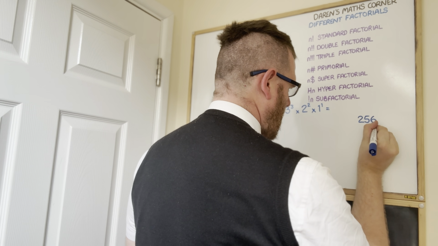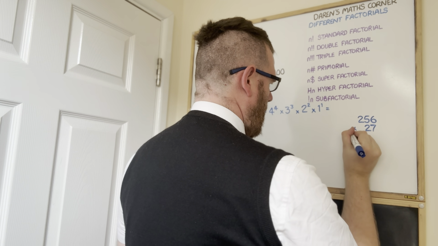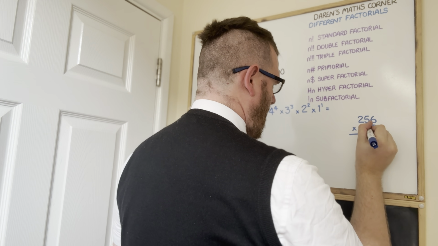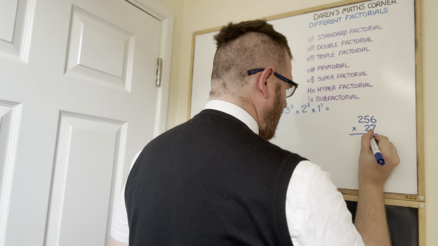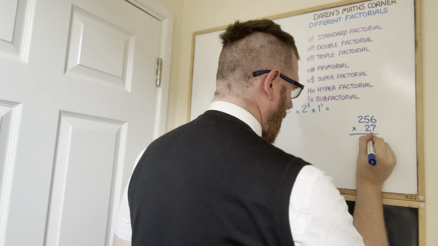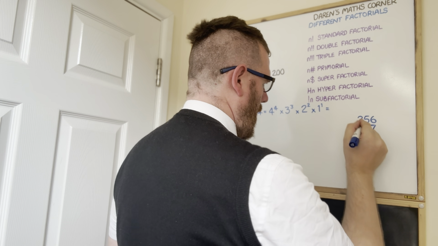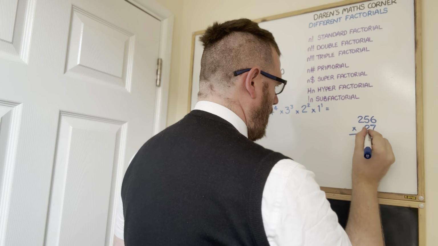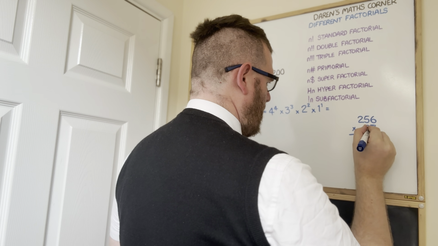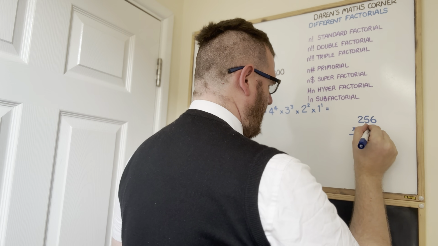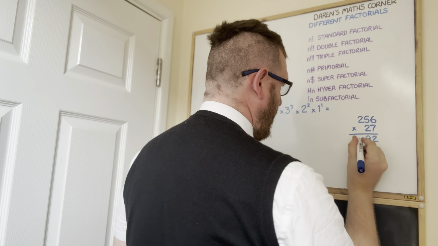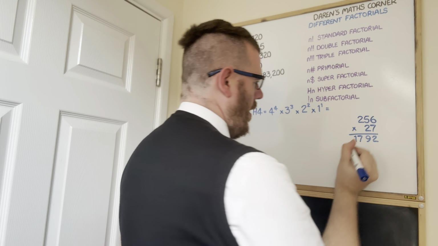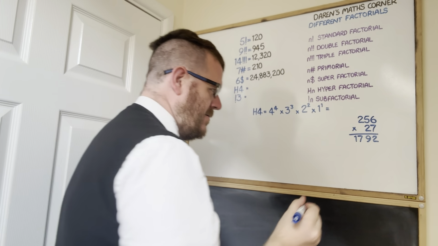I think I'm going to have to work that one out. So that is 42, 35, add 4. That's 42, 35, add 4, 14, add 3. That's 256 times 7.